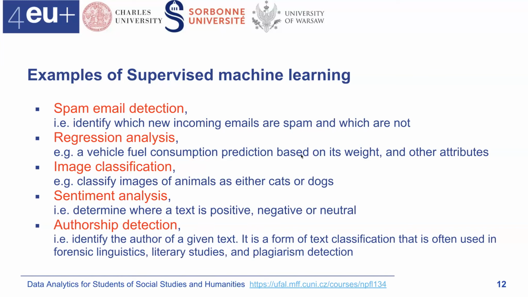Sentiment analysis: given a golden set of examples, here a set of labeled text data, whether positive or negative sentiment, we train a model to classify the sentiment of new text data.